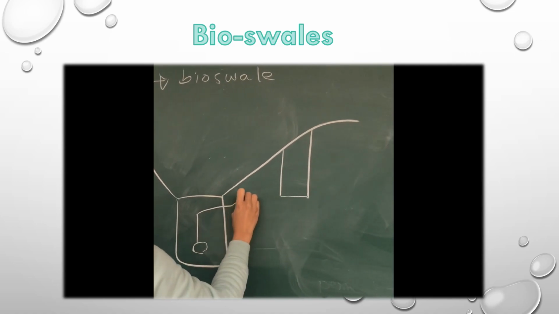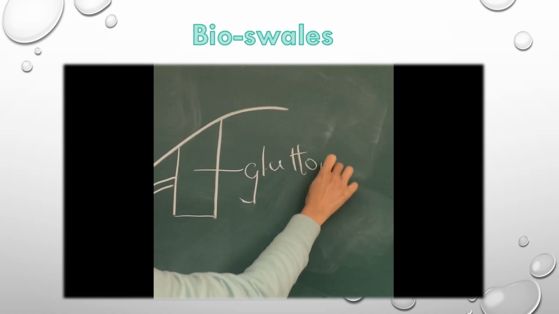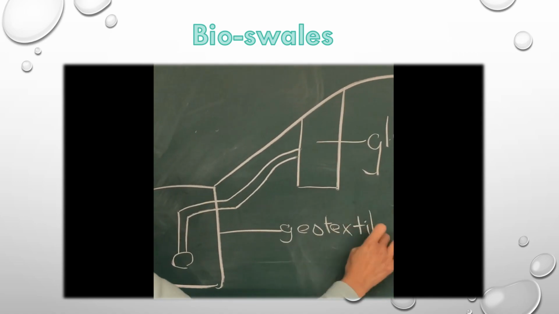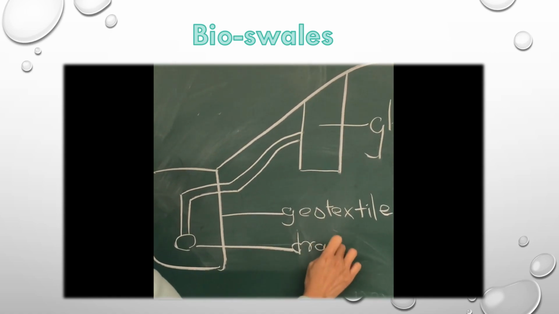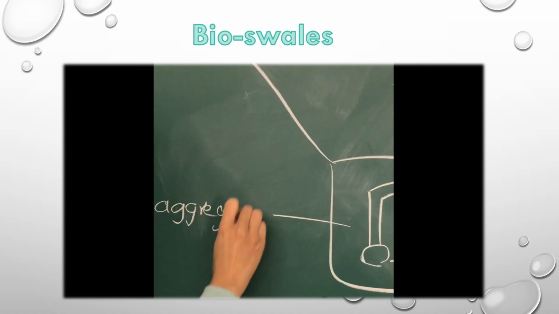Bioswales are also applied in this LID demonstration project. Bioswales accept road runoff and drainage per the proposed road cross-section 1B. It's proposed that bioswales be incorporated into the municipal road.